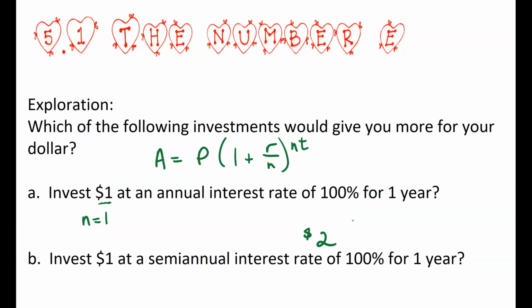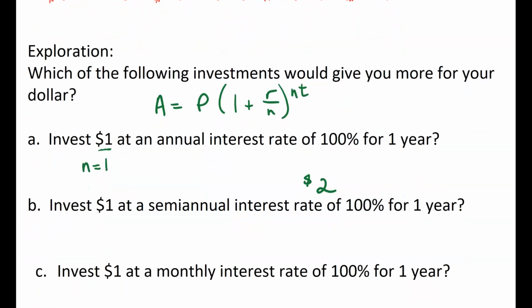Okay, well, let's say we're going to take that same amount of money, the same principal, same interest rate, but now we're going to compound semi-annual. What does that make n? 2. Okay. So now n is equal to 2. I'll let you guys calculate that again and tell me how much money that is. What's that?